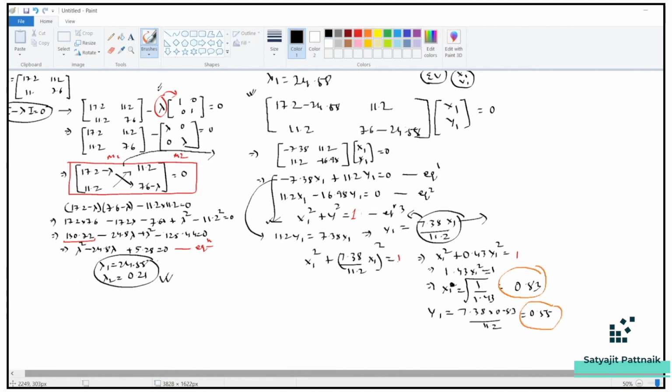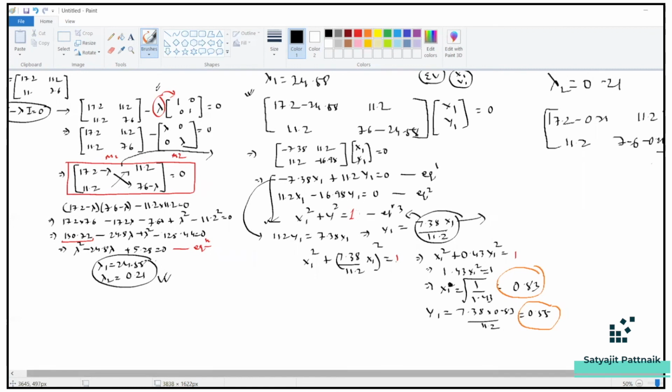Similarly, you have to follow the exact steps that I did right now for lambda 2 equals 0.21. Here also you have to do the same thing. 17.2 minus 0.21, 11.2, 11.2, 7.6 minus 0.21, multiplied with x2 and y2, equals 0, and follow the exact steps.